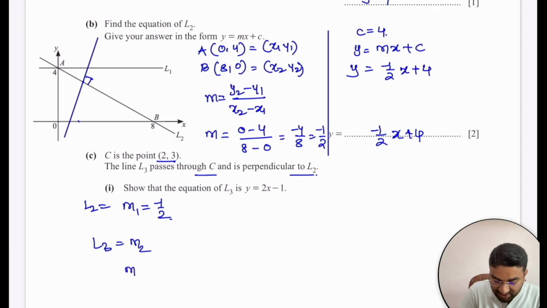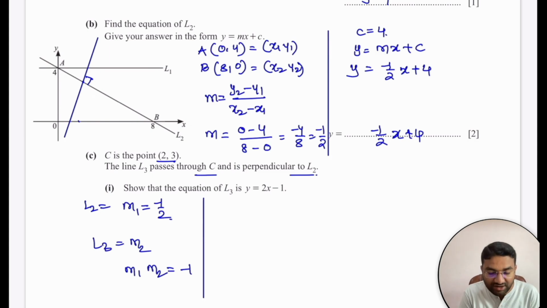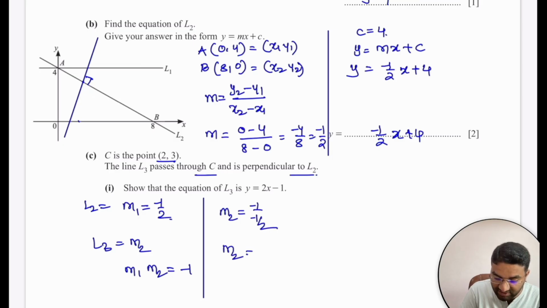So m1 times m2 is equal to negative 1. This is the condition for perpendicular lines. So m2 you will get straight away: negative 1 divided by negative 1 upon 2, which means m2 is equal to 2.